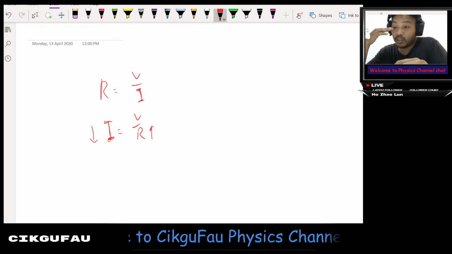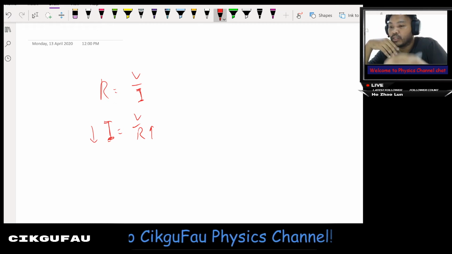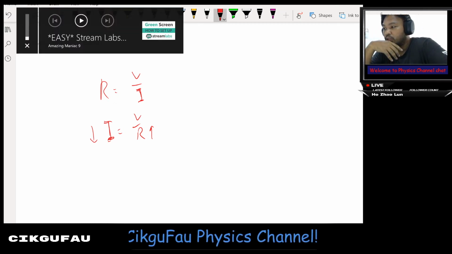We're going to find the resistance of a conductor using this formula, rho L over A.